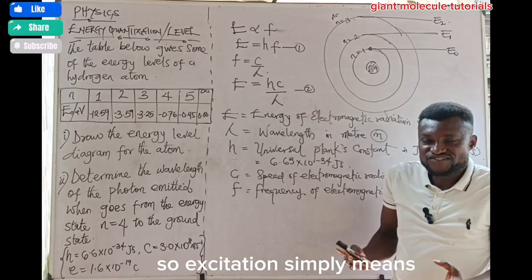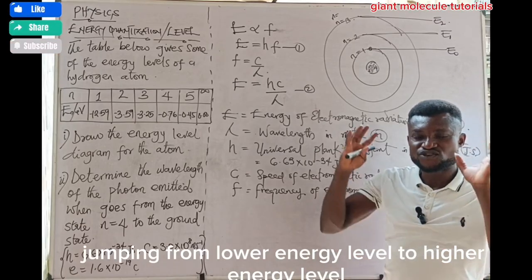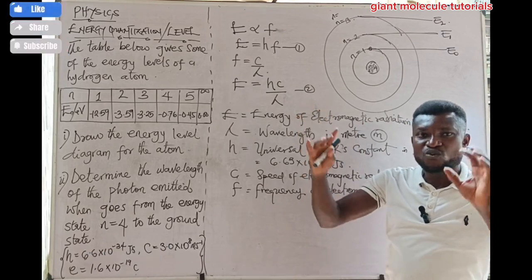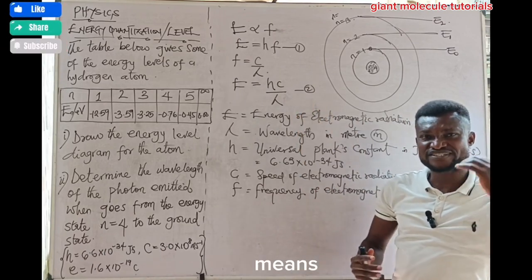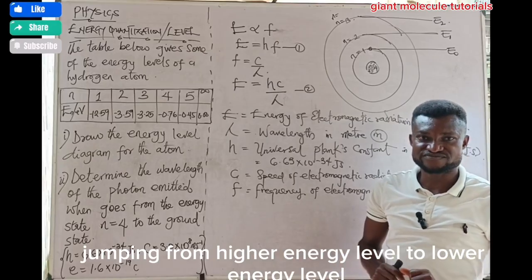Excitation simply means jumping from a lower energy level to a higher energy level, while de-excitation means jumping from a higher energy level to a lower energy level.